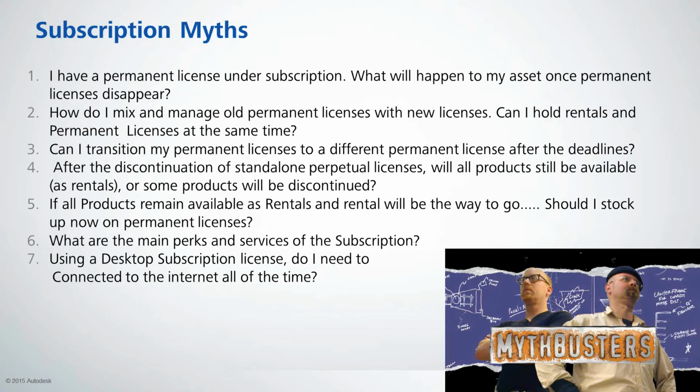Now, one other thing that comes up frequently is the question, can people transition their permanent licenses to a different license after the deadline? And you have some limitations with that.